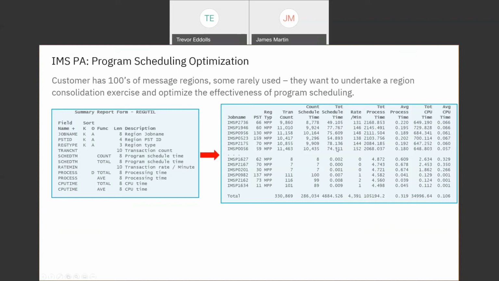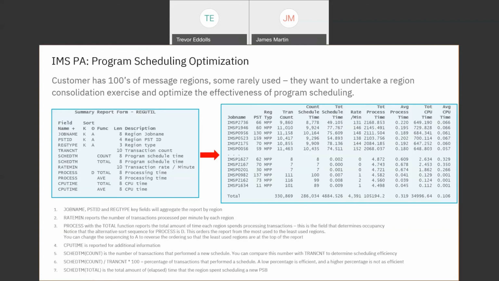And we could identify very quickly that while these top regions are being very heavily utilized, these bottom regions down here are not being utilized at all, right? So in this particular instance, we might look at certain aspects of this and say to ourselves, well, should we consolidate the work that's being done in these other regions into the regions that are being heavily used and clean these other regions up?